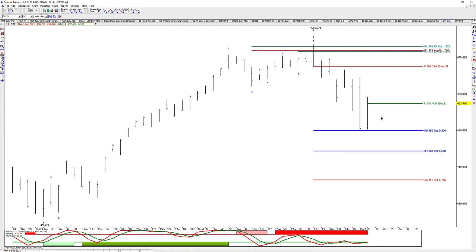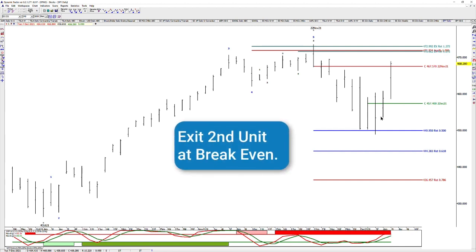Okay, let's add some more data and see how we continue to manage this trade. Boy, outside down day, that's typically a pretty strong trend continuation day, but no follow through and a huge up day, stopping us out of the second half of the position at break even.